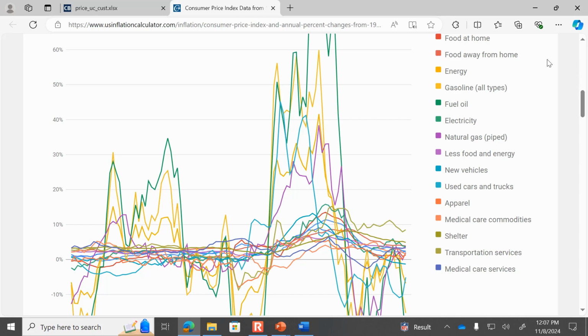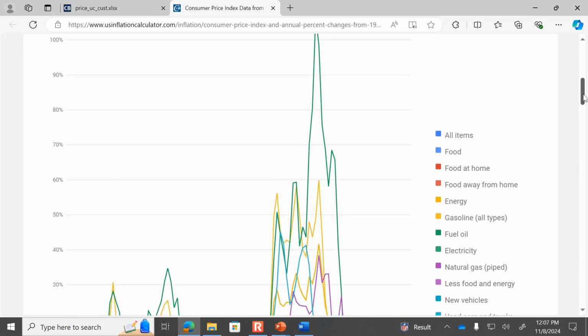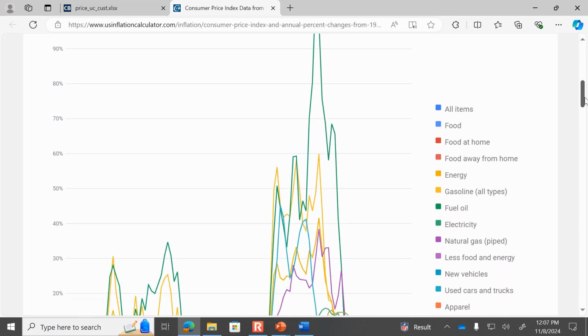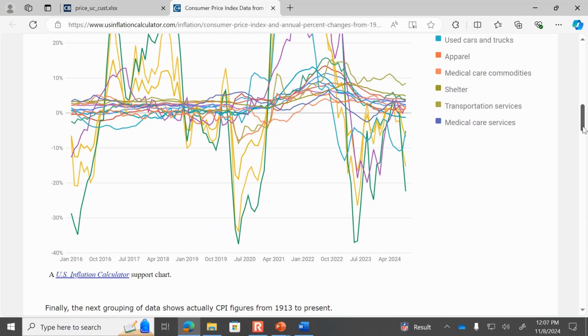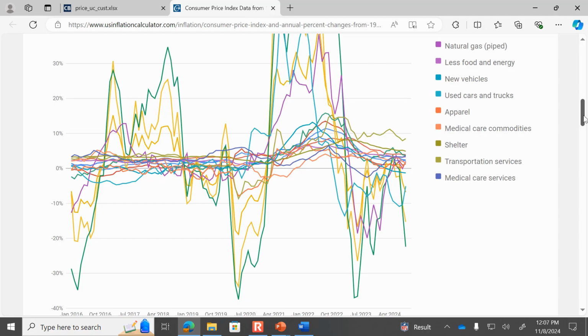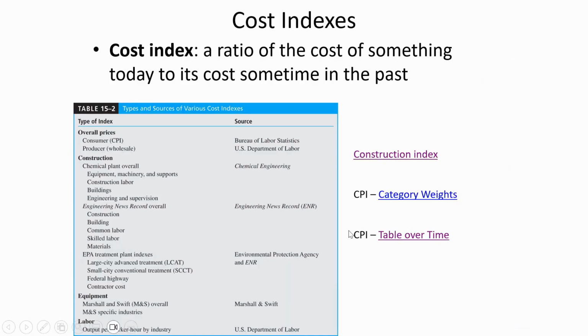And this is showing how prices have changed over time, how there were big spikes, for example, in the cost of fuel oil through the last couple of years, but then certain things have become a lot less expensive, like there was a big run-up in the cost of used cars for a few years. You probably remember that, when used cars were really expensive, and now they're relatively cheaper than they were in the past.